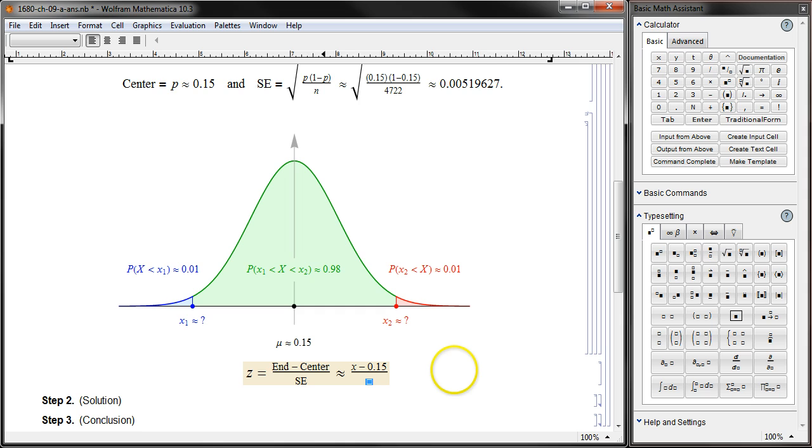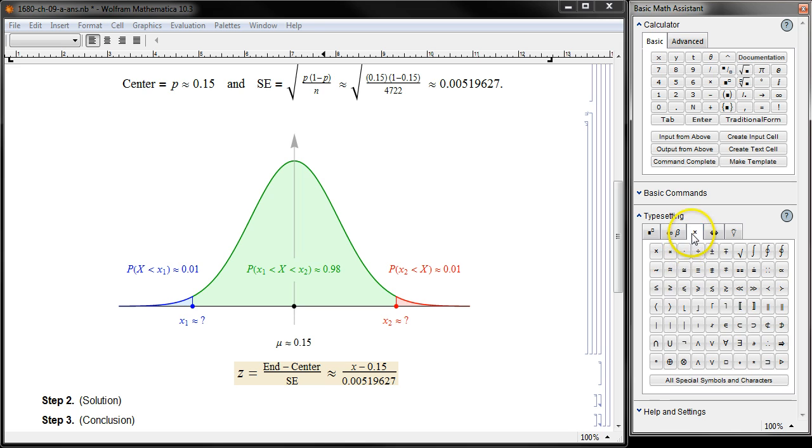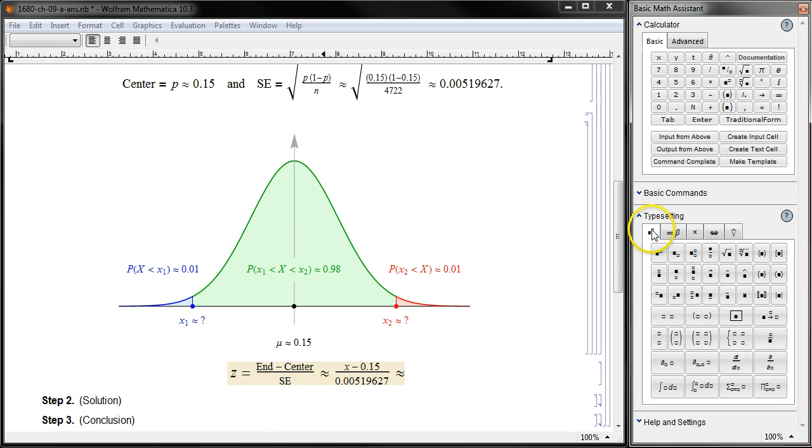And then we are using this standard error. We calculate it. And this whole thing is going to be approximately equal to the appropriate Z-score associated with 98% here, 1% there, and 1% there. What is that Z-score? We can find out through our Z-table.